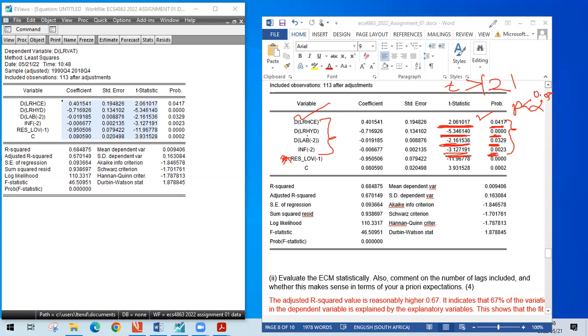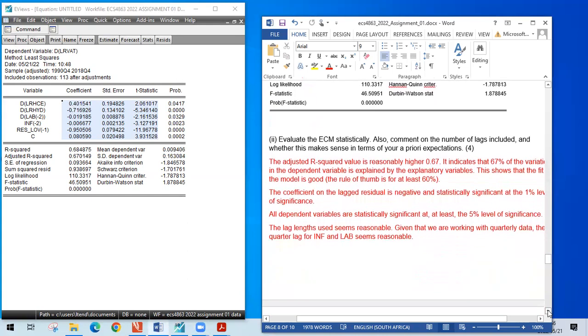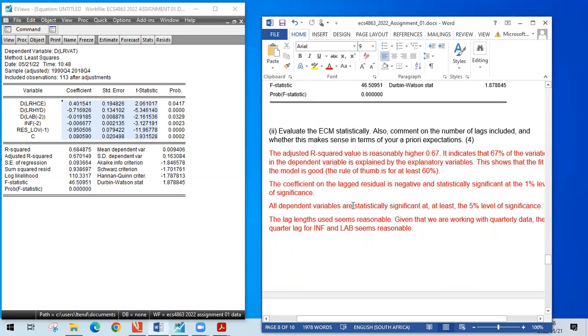That's why you are seeing here, I put this one. Oh, I made a mistake here. Can you see that? I said all dependent variables. It should be all what?